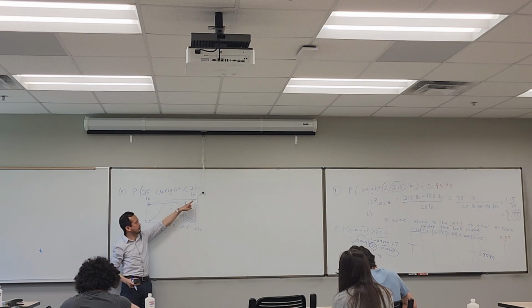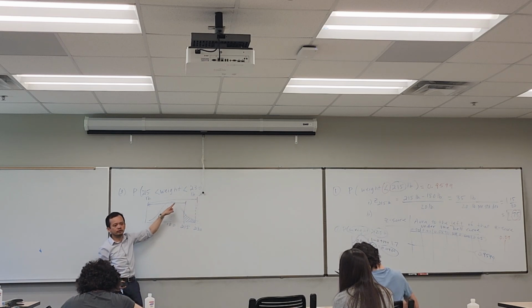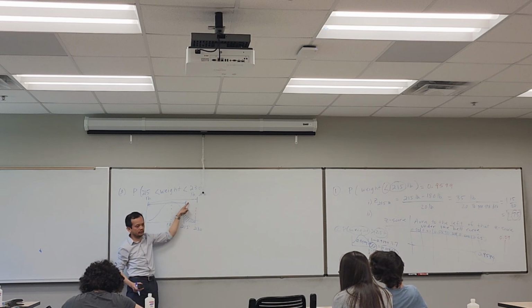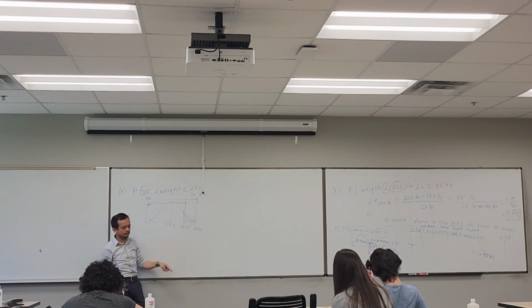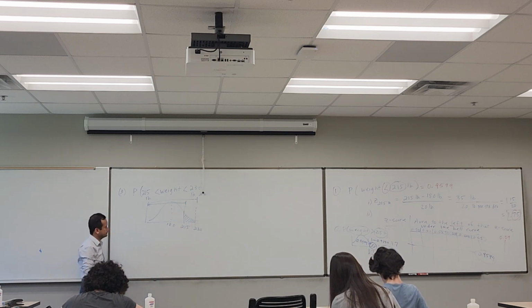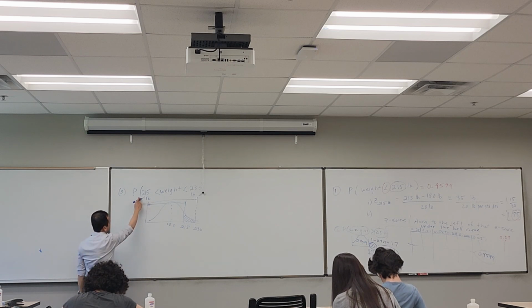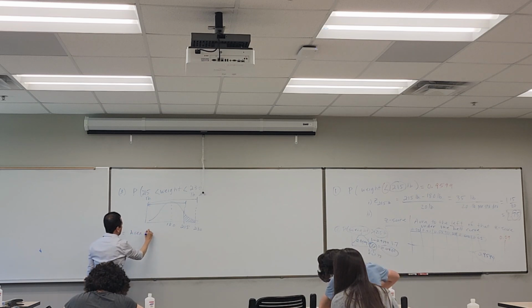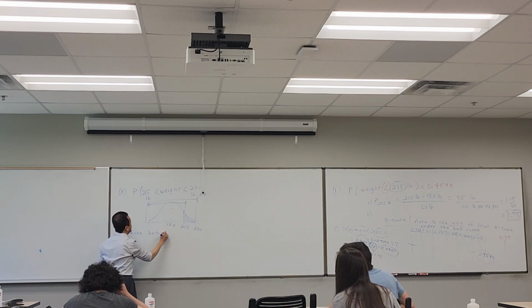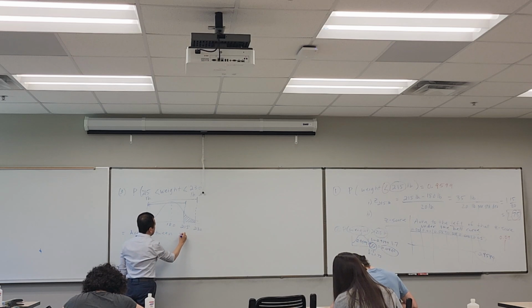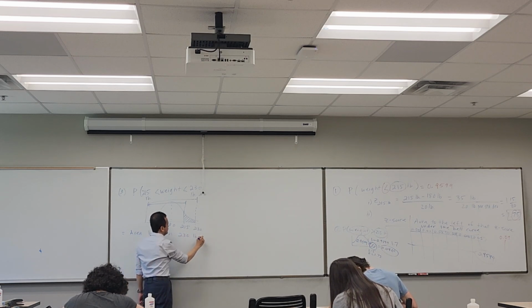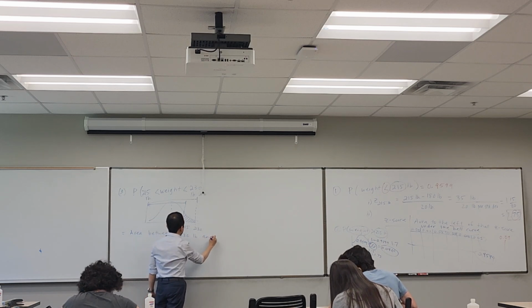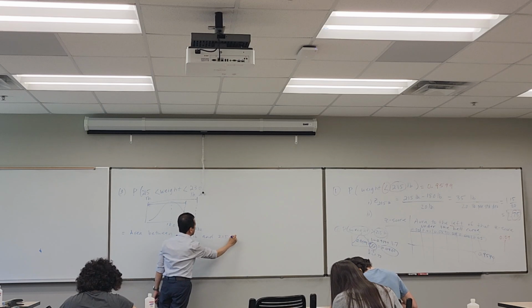So we find the top left area, and then we subtract the bottom left area, and that'll give us the area in between here that we want under the bell curve. So that'll be our game plan. We're going to find what we want by finding the area between 230 pounds and 215 pounds.